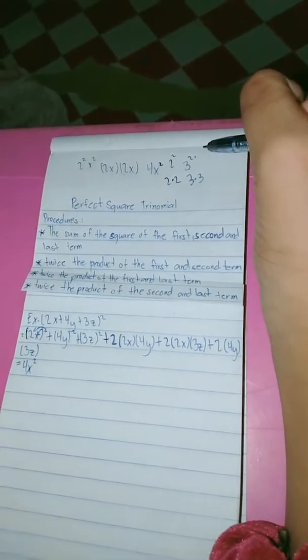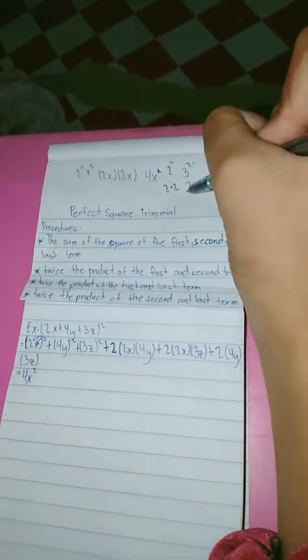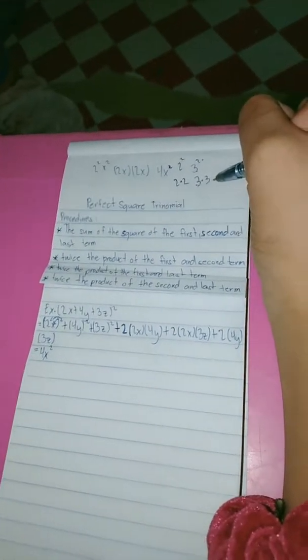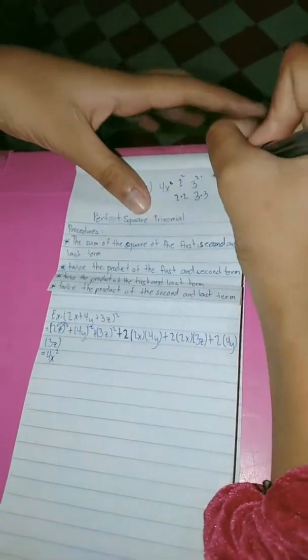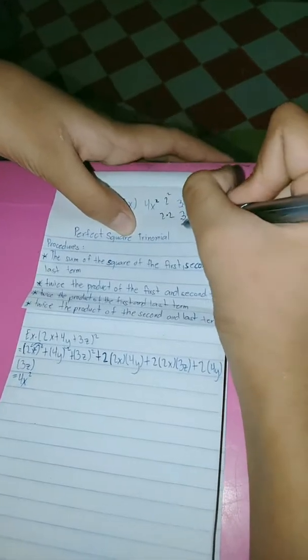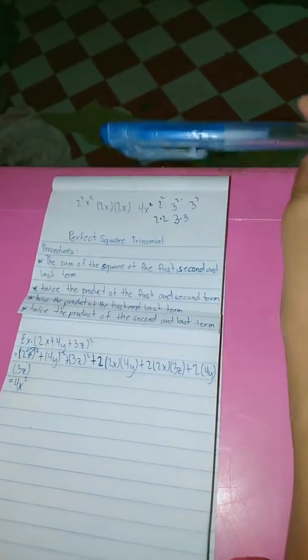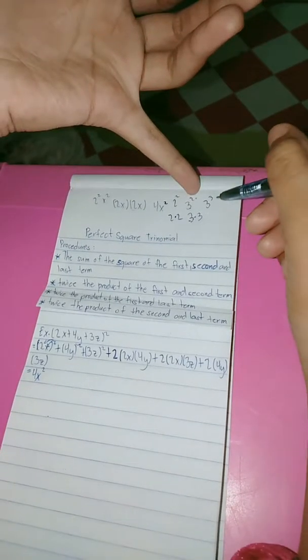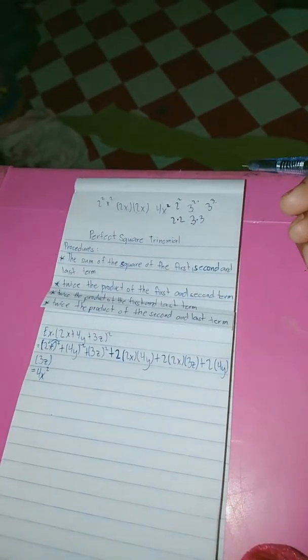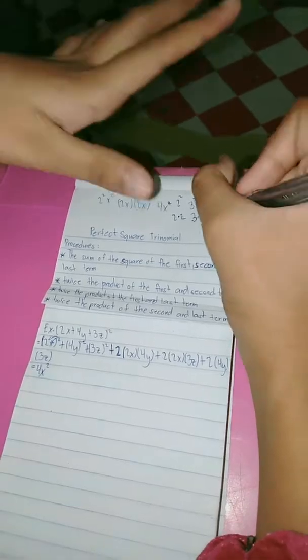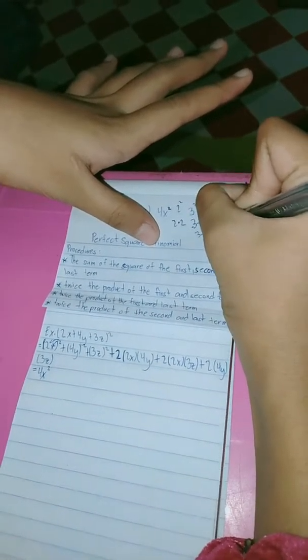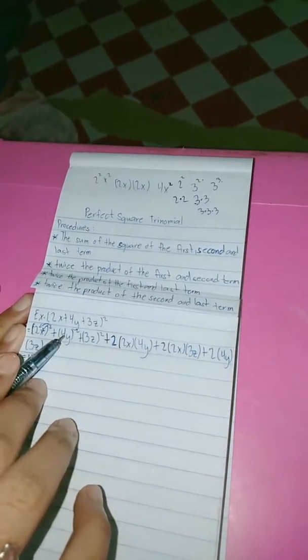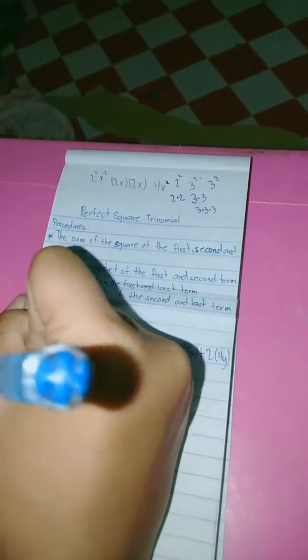You will multiply it by itself. But for example, 3 cubed, you will multiply it 3 times, because cube means to the power of 3. So it will be 3 times 3 times 3. So, that's all.